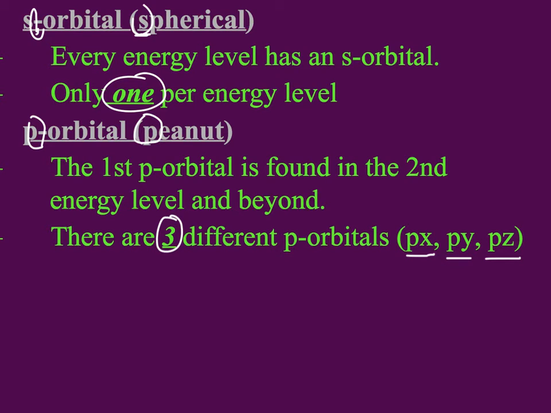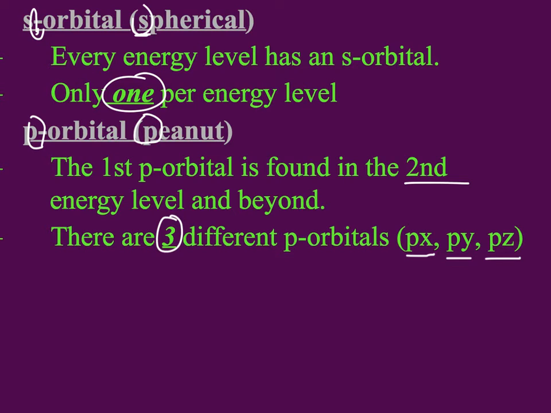So let's review this page first. So far, we have the s orbital that is spherical in shape, and there's only one type of s orbital, so therefore we can only fit 2 electrons there. Then we have the p orbitals that are peanut shape, and these are found in the second energy level and beyond.